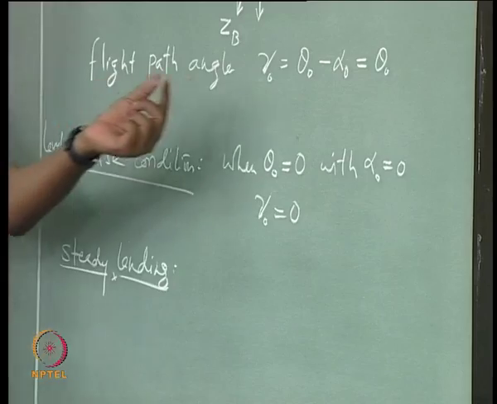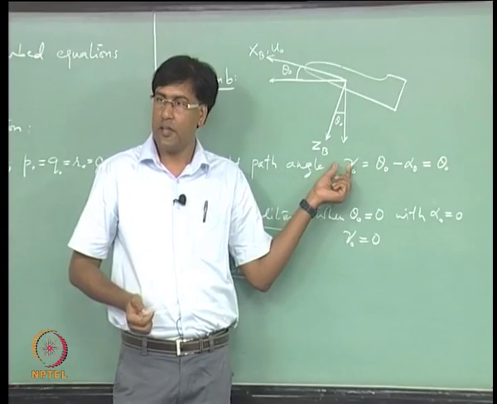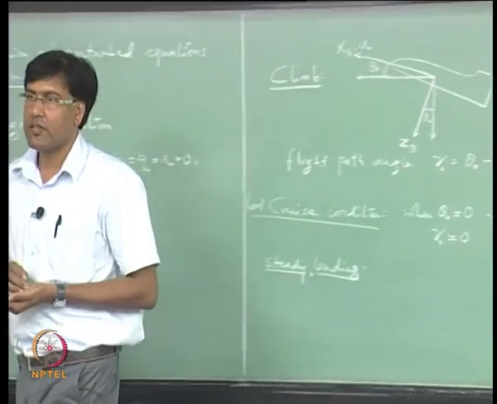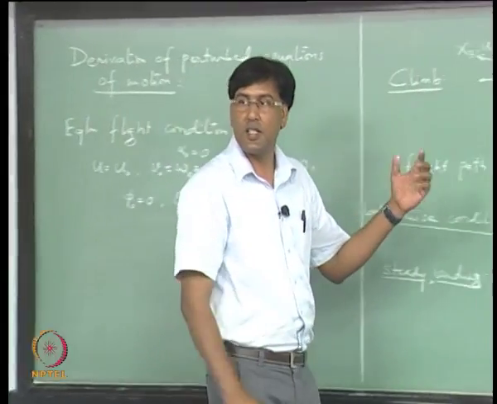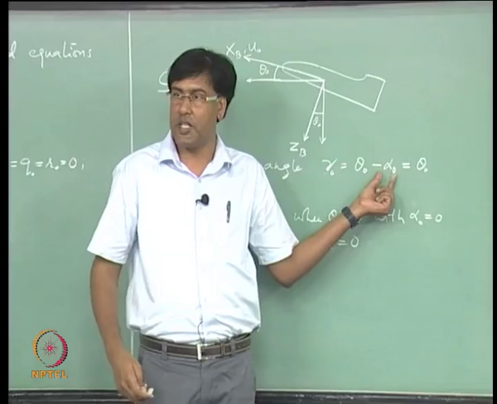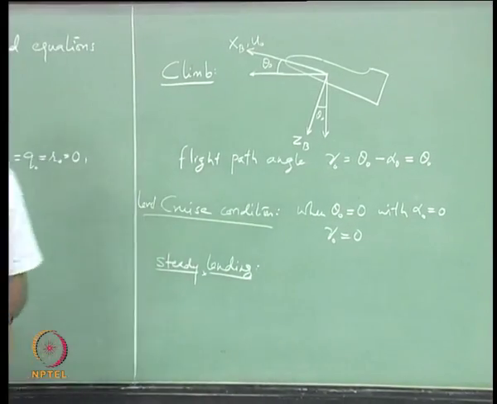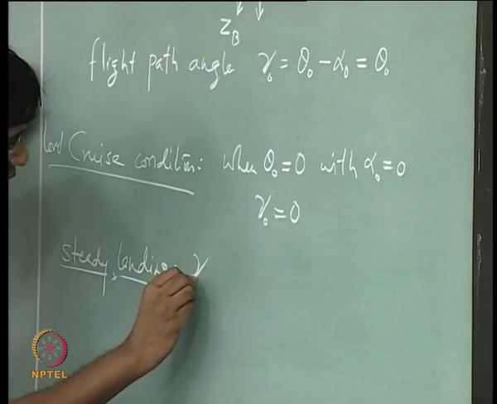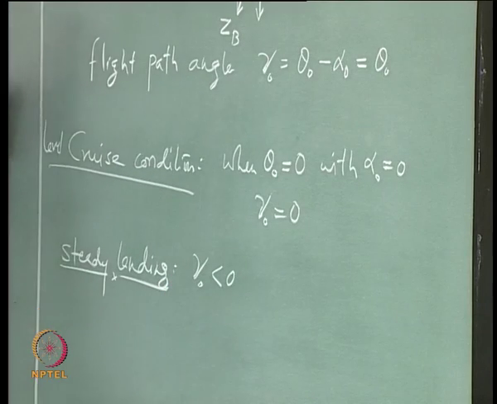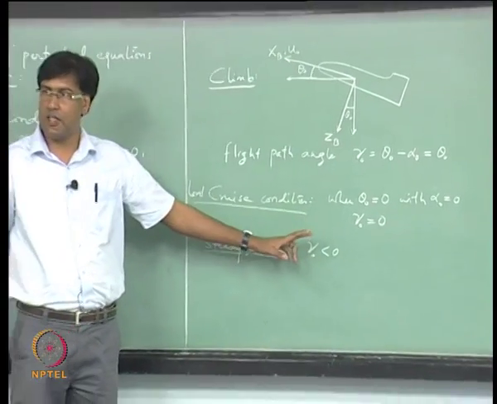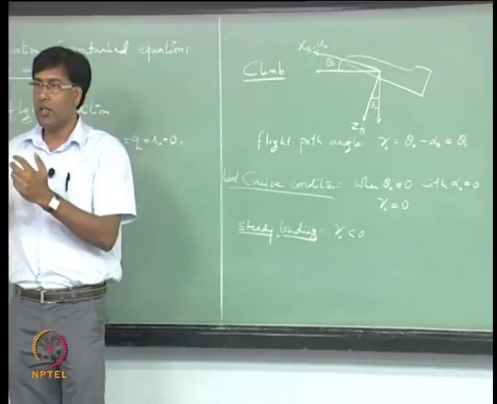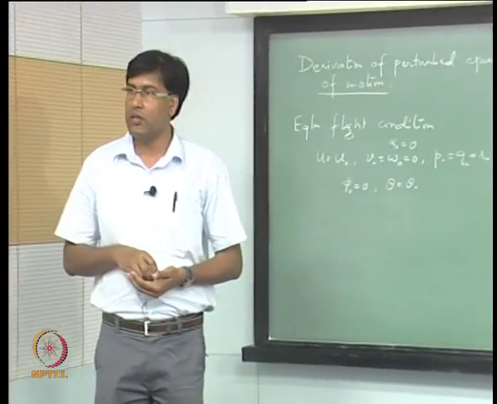Landing is when this flight path angle is negative. So, theta naught has to be negative for us, because I am assuming this alpha naught to be 0. Okay, so we are looking at these three cases, when I am assuming theta naught to be non-zero.